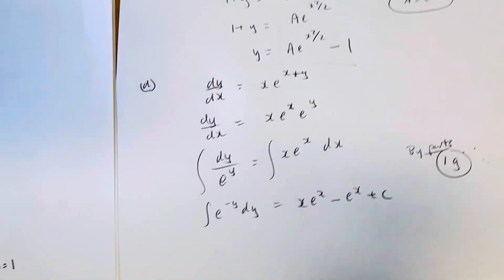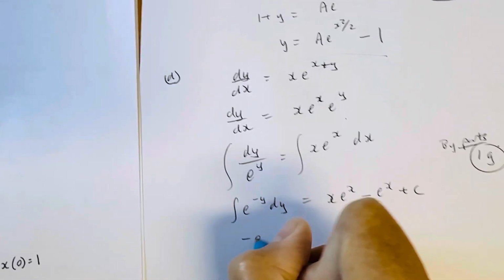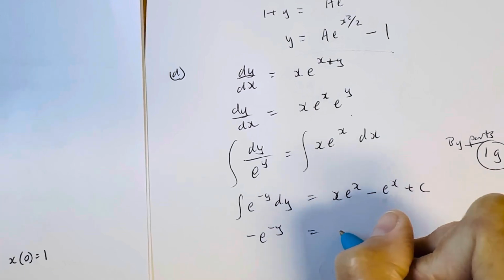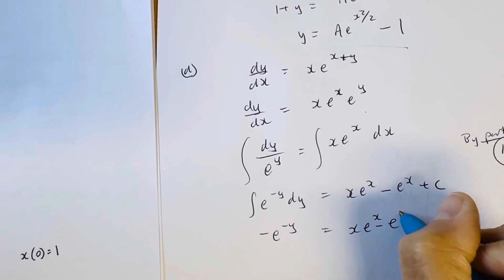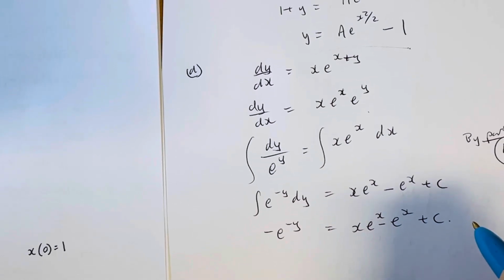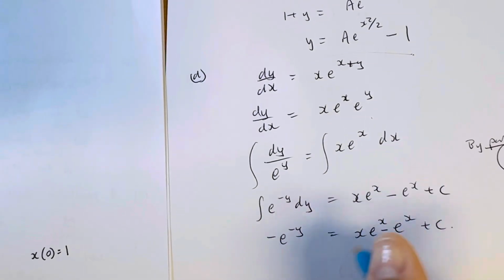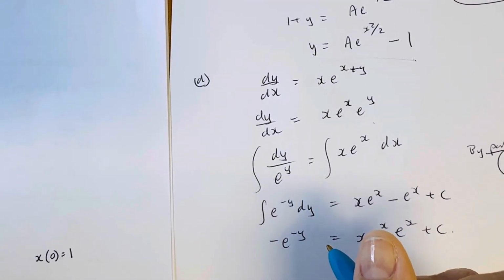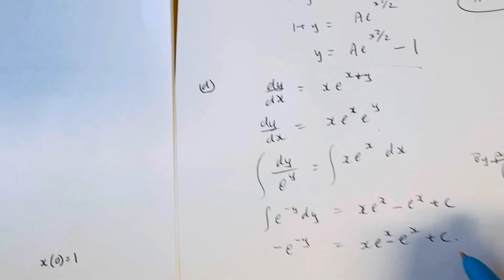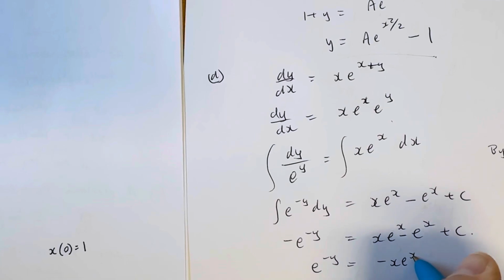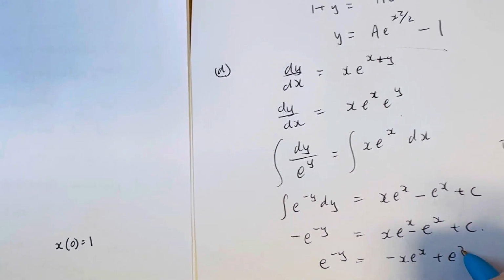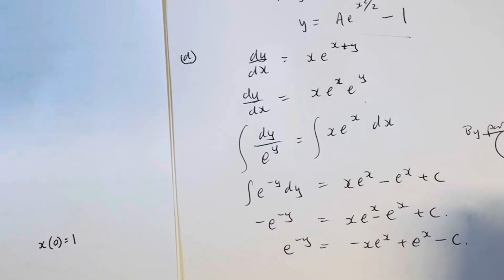My left-hand side is going to be negative e to the negative y equals x e to the x minus e to the x plus c. Bring my negative across, so e to the negative y will be negative x e to the x plus e to the x minus c.